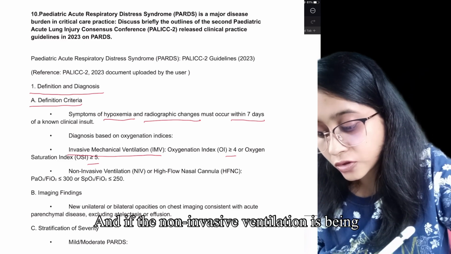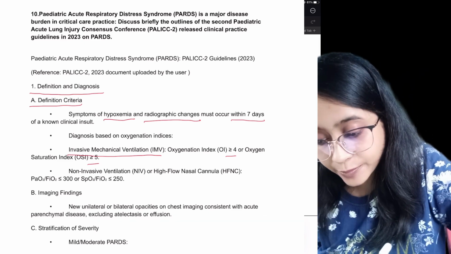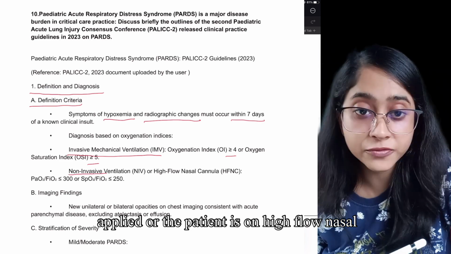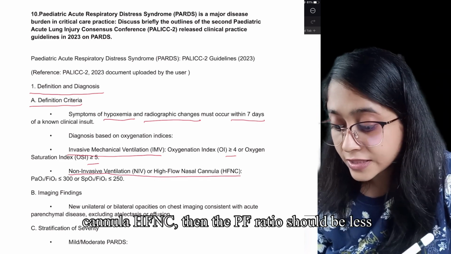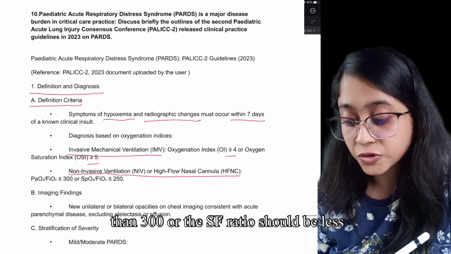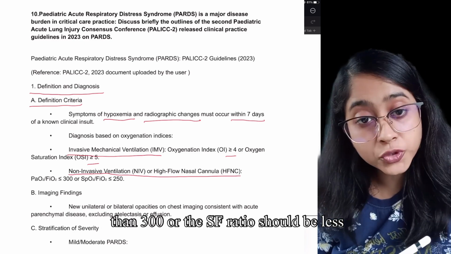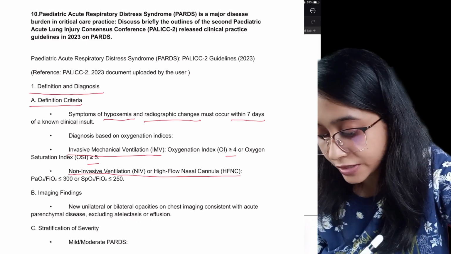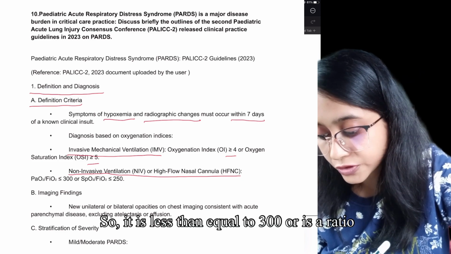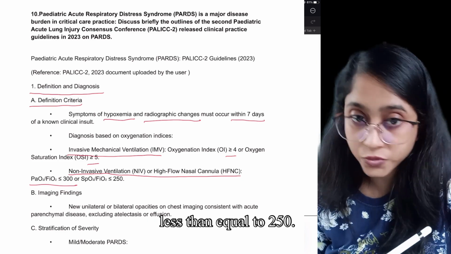And if non-invasive ventilation is being applied, or the patient is on high flow nasal cannula HFNC, then the PF ratio should be less than or equal to 300, or the SF ratio less than or equal to 250.